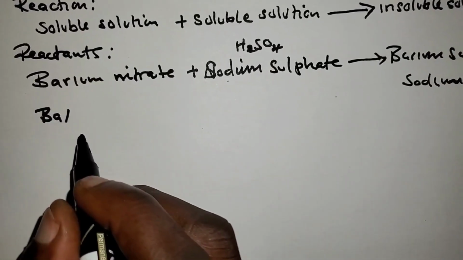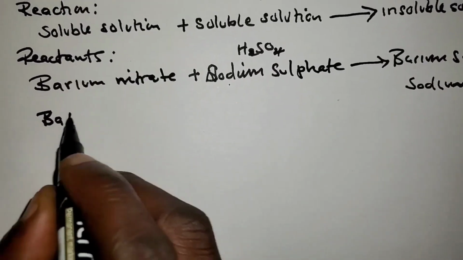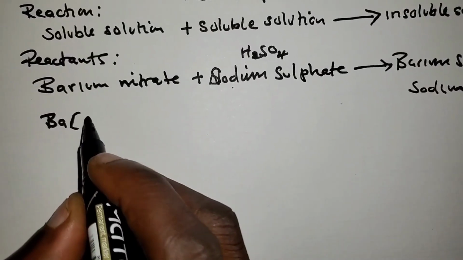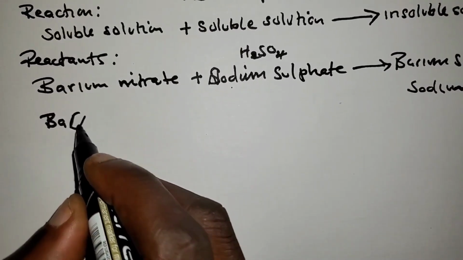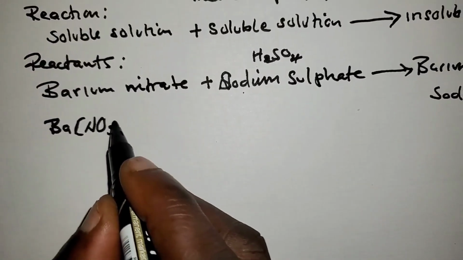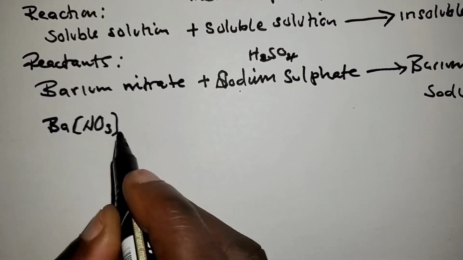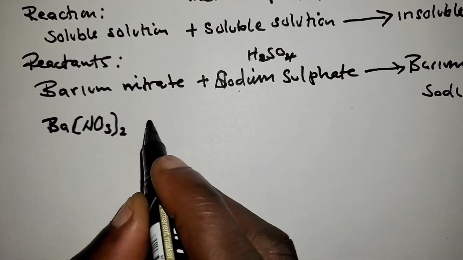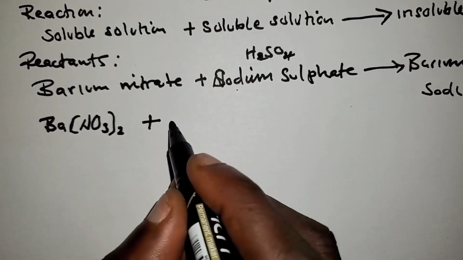Barium has a valence of 2 because it's in group 2, and nitrate is a radical with a valence of 1, so the 2 will be on this side, reacting with the sodium sulfate.